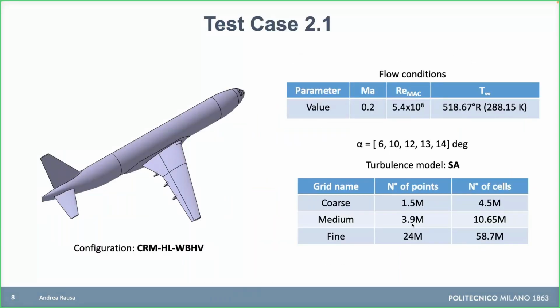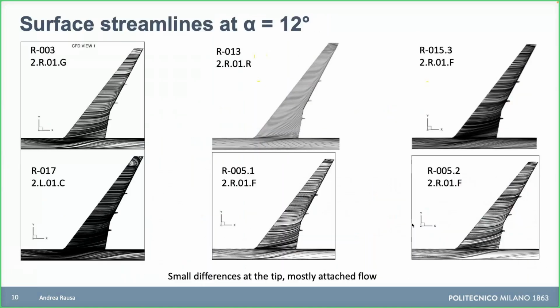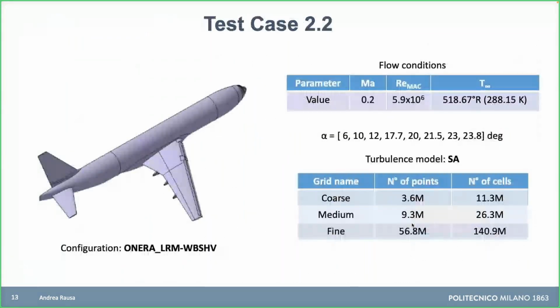So maybe I will go to the experiment, test case 2, because for test case 2.2 we also have experimental results, so this is more interesting. In this case, we have quite a large number of angles of attack to try. And the stall is expected to be around 17.7.